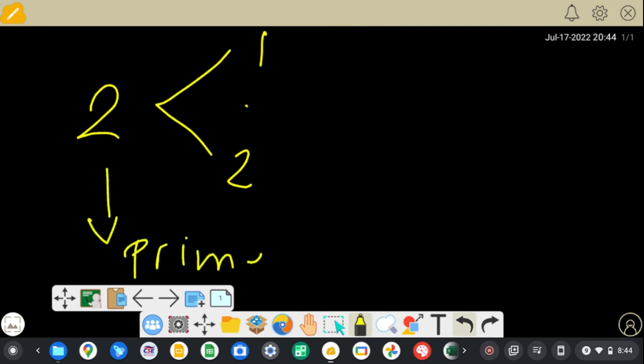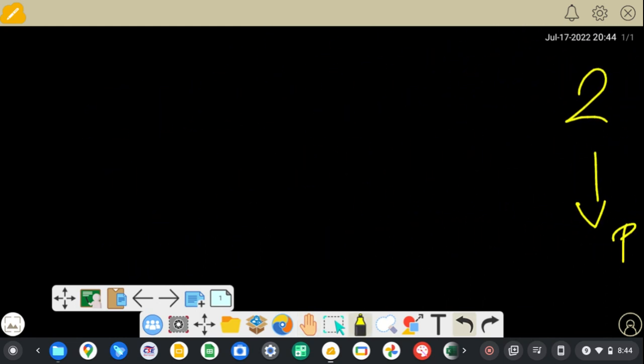Yes, it is a prime number because we can express it as 2 times 1 only, meaning the factors are 1 and itself, which is 2. That is, this is a prime number.